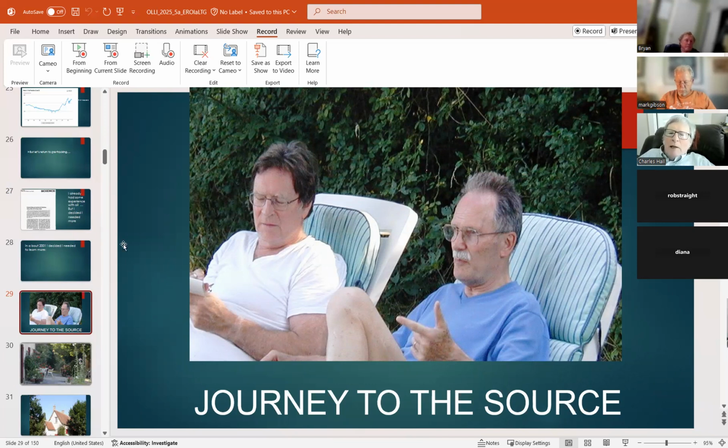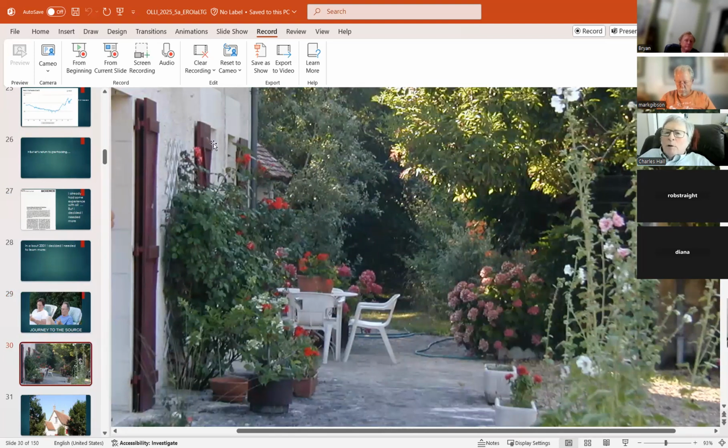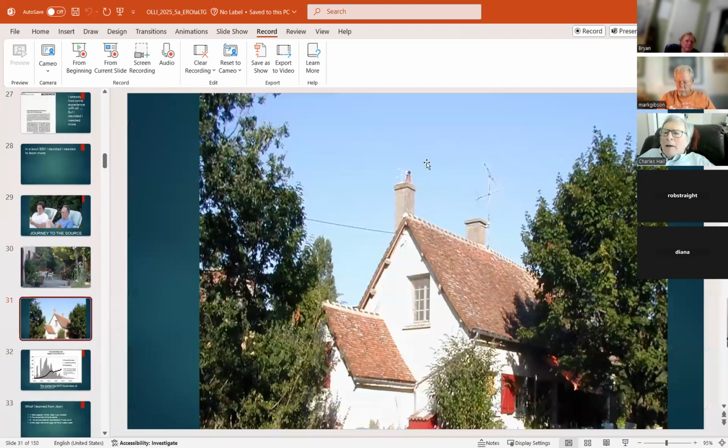And we stayed at his beautiful French farmhouse that had belonged to his parents, way in the boonies of France, but it was beautiful. And I understood for the first time that the only reliable data on how much oil was left in the world was in the top floor of this farmhouse in France.